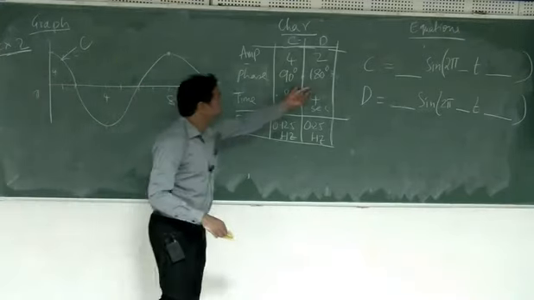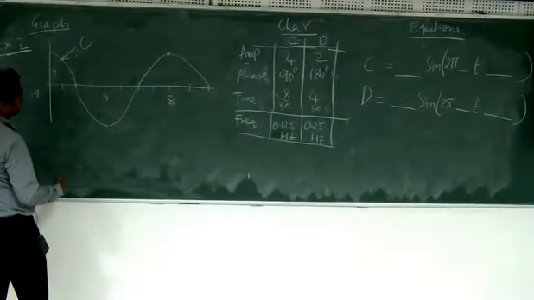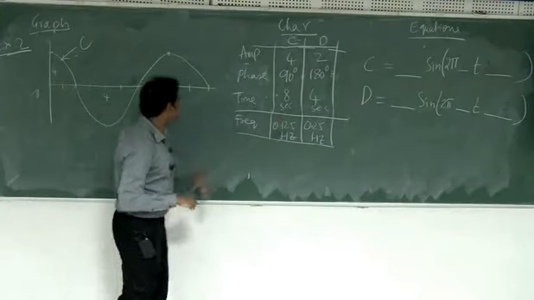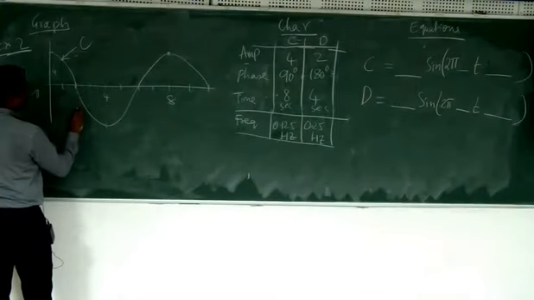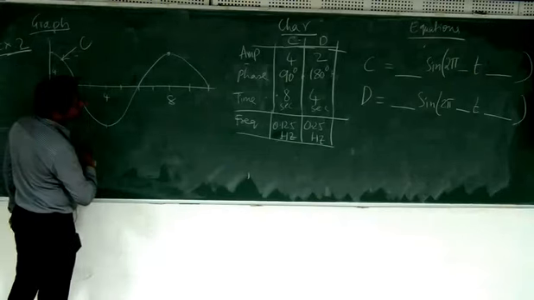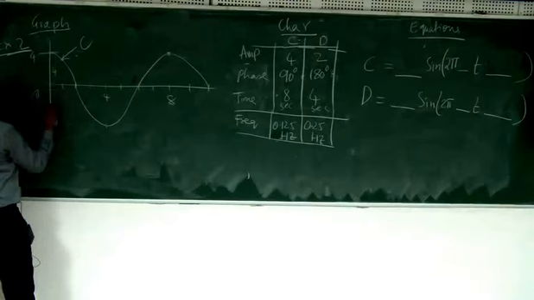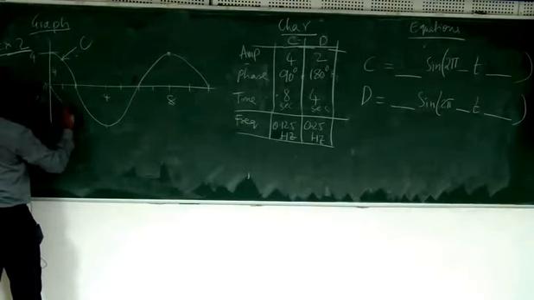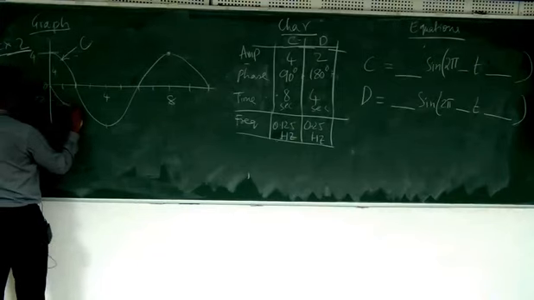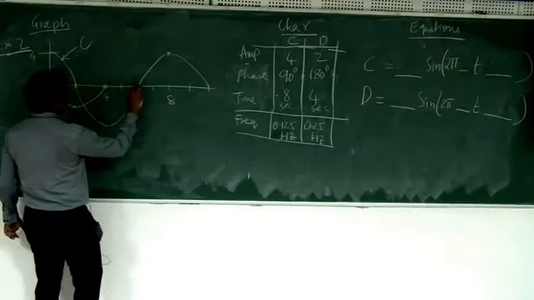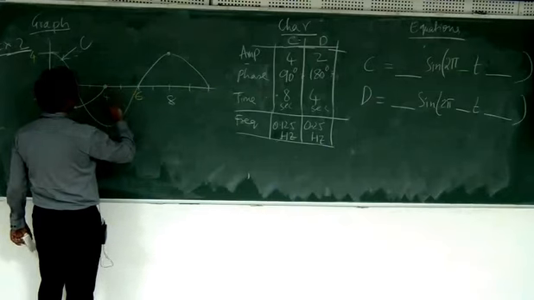So let's move it 180 degrees. That means I should start going downwards. So 4 seconds, so in 2 seconds it will be maximum. And the amplitude is only 2, whereas this amplitude is 4. So here it will be minus 2. It will reach minus 2 here, and then it will go and touch 0 here.